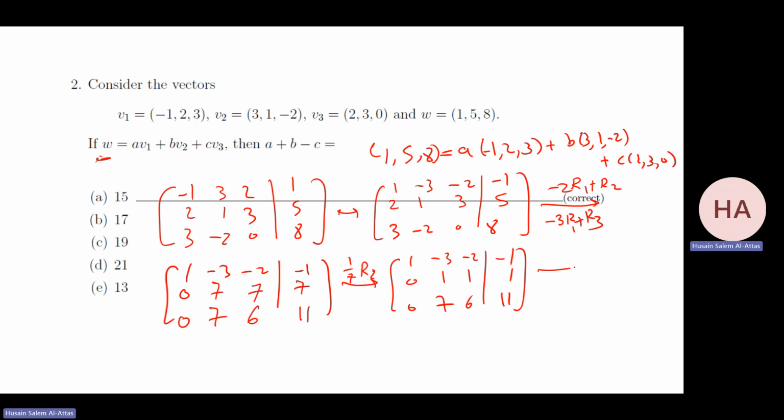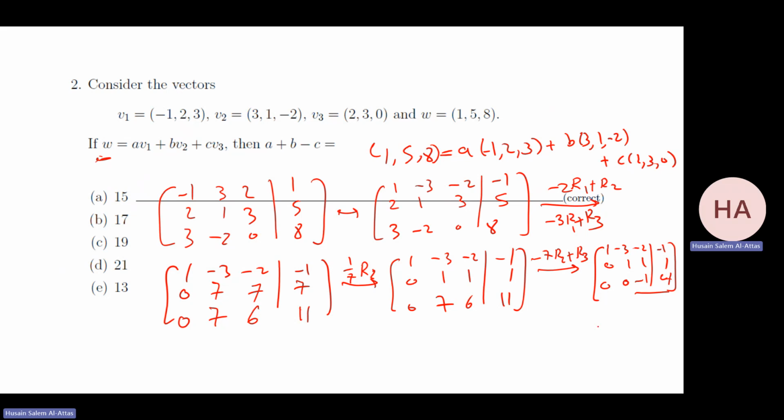So multiply the second row by minus 7 and add it to the third row to get what? 0, 1, 1, 1. Minus 7, that will be 0. That will be minus 1. Minus 7, that gives me 4.